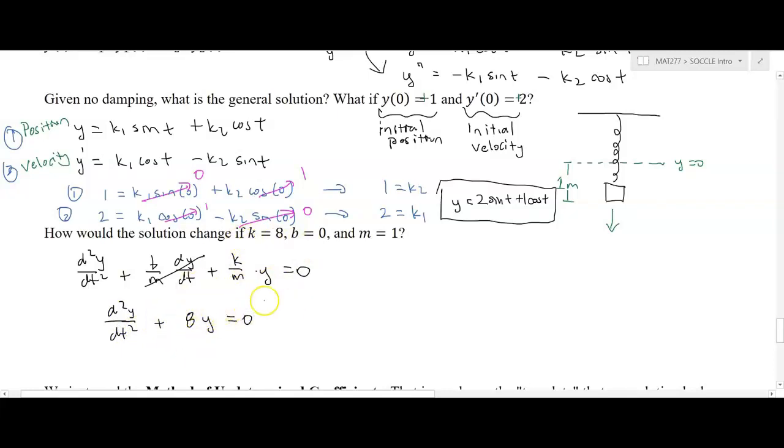Now we've already kind of described how the solution changes the input, and we can verify this. y1 is going to be the sine of the square root of 8 t.